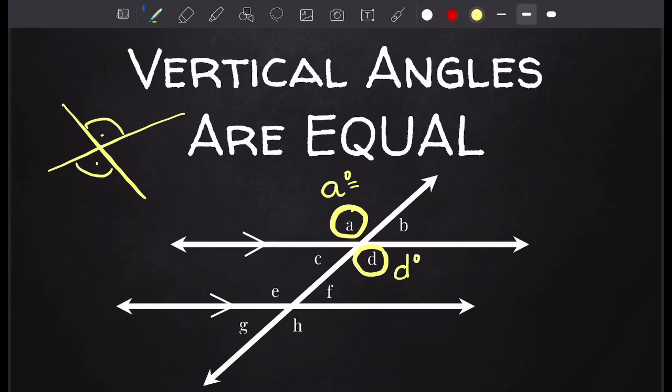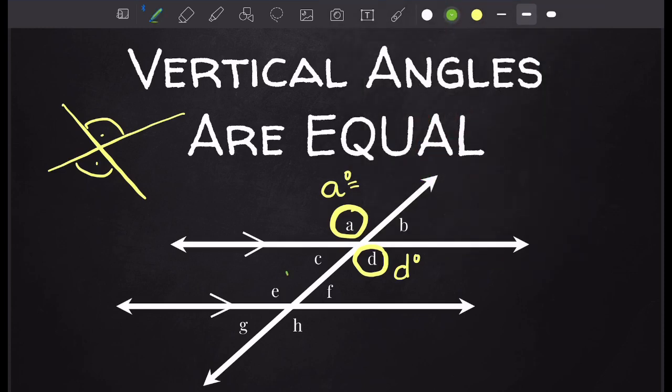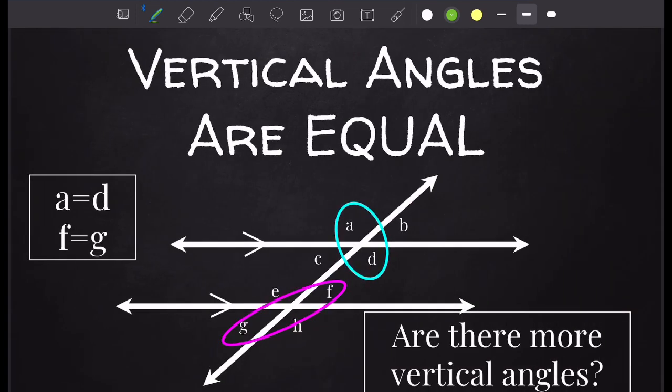So, do you see any other vertical angles here? Okay? E and H, they're also vertical angles. So the measurement of angle E is equal to the measurement of angle H. Why? Because they are vertical angles, and vertical angles are equal, okay?